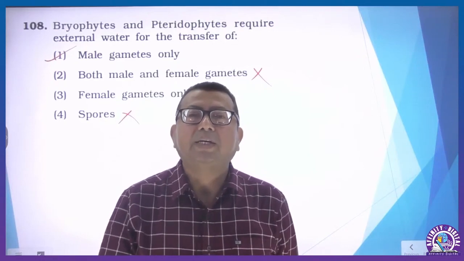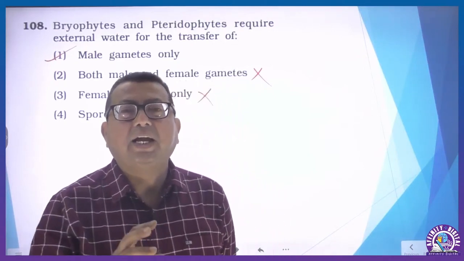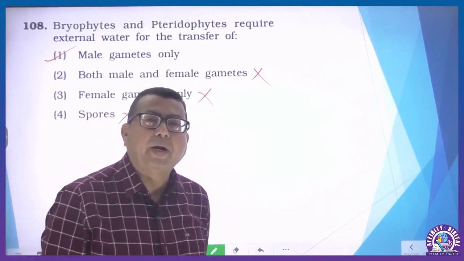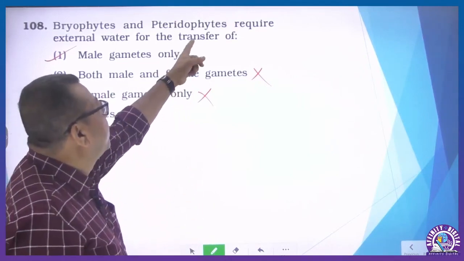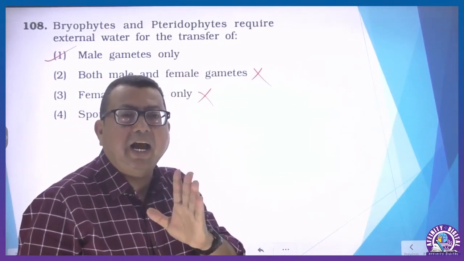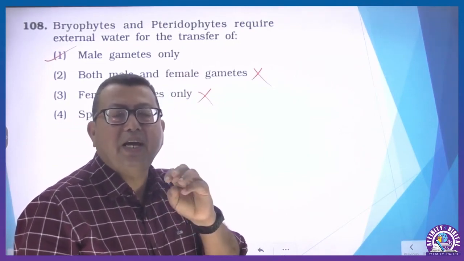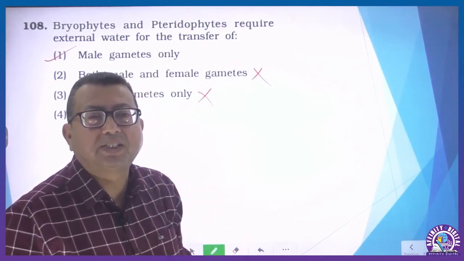As you know, bryophytes are eukaryotes, and the flagella and cilia in eukaryotes have the same internal structure, having a 9+2 pattern of microtubules. The male gametes of both bryophytes and pteridophytes are motile because they have flagella or cilia. Flagella and cilia are swimming devices, and for swimming a medium is required, and the medium is provided by external water.